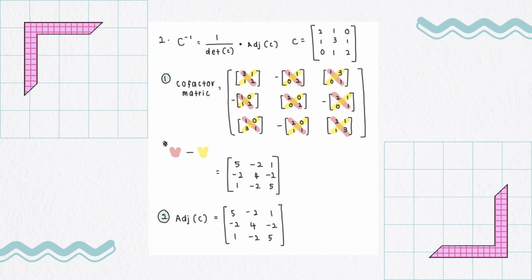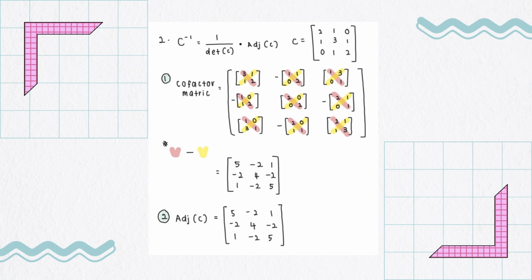At the first place, we write the box with the sign at the position of the elements. As you can see, the first element is positive, then negative, positive, negative, positive, negative, positive, negative, positive.